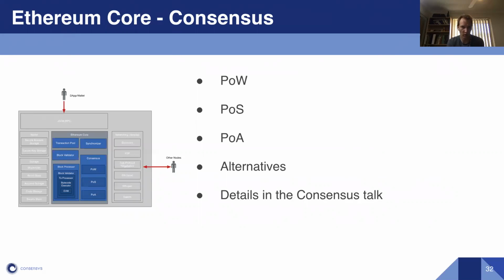The other algorithms, if I just quickly cover them here, we'll go into a little bit of detail now and before another talk, which is yet to be put together, which will be talking about the actual real details of these consensus mechanisms. So POW, or proof of work, proof of stake, so proving that you've got some sort of stake or investment put aside, proof of authority, and then others and variants around the proof of authority in particular.